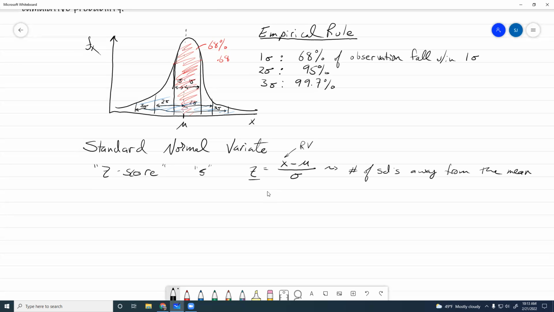And we can use this to compare z-scores among different populations. And so we'll look at an example of that.